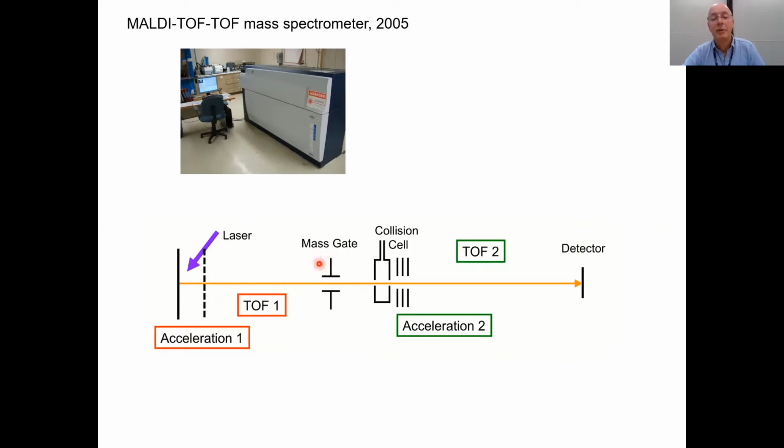It will then pass through a mass gate that allows us to select parents for fragmentation. The selected ion is fragmented in the collision cell, and then as it leaves the collision cell, those fragments undergo a second TOF acceleration before reaching the detector. That's a MALDI TOF/TOF.